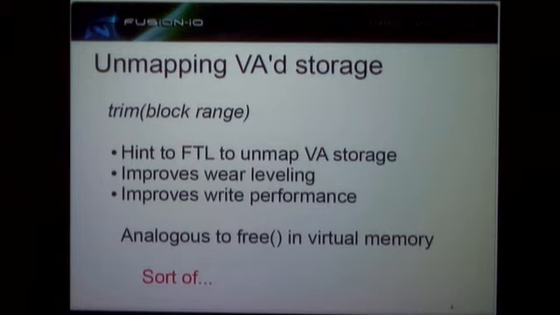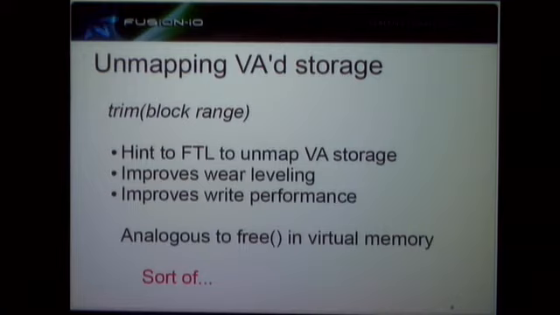So what's the first primitive that we really need to expose to allow the notion that this is a virtually addressed piece of storage? So in about 2009, 2010, the TRIM operation was proposed and has now been implemented in both Windows and Linux that allows you to unmap a block range. Right? And so when you're doing a read, a write, you can now trim something so that the block is unmapped within the FTL, but next time you read it, it will still be there for you.